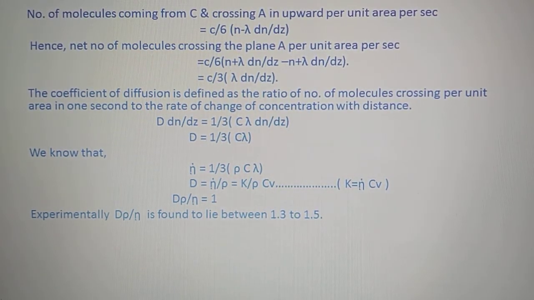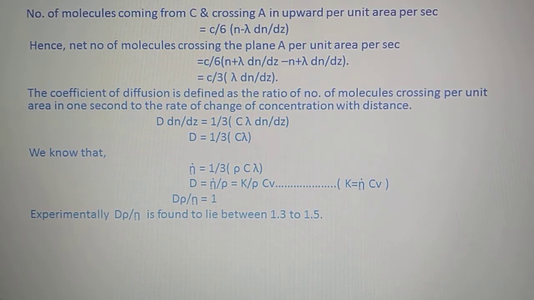And this can be written as K by rho into CV. What is eta? From the coefficient of thermal conductivity, K is equal to eta CV, so for eta we can write K by CV, and thus we will get K by CV rho. This helps us to simplify the above relation. If we shift this rho to the other side, we get D rho by eta is equal to 1.